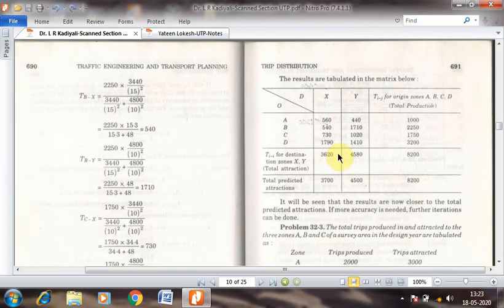Then in this particular row, if you sum up all the trips that are happening in X, it would come to around 3620. On the other hand, summation of all capital Y's, you get 4580. Okay, again if you sum up these two, you will come to 8200.